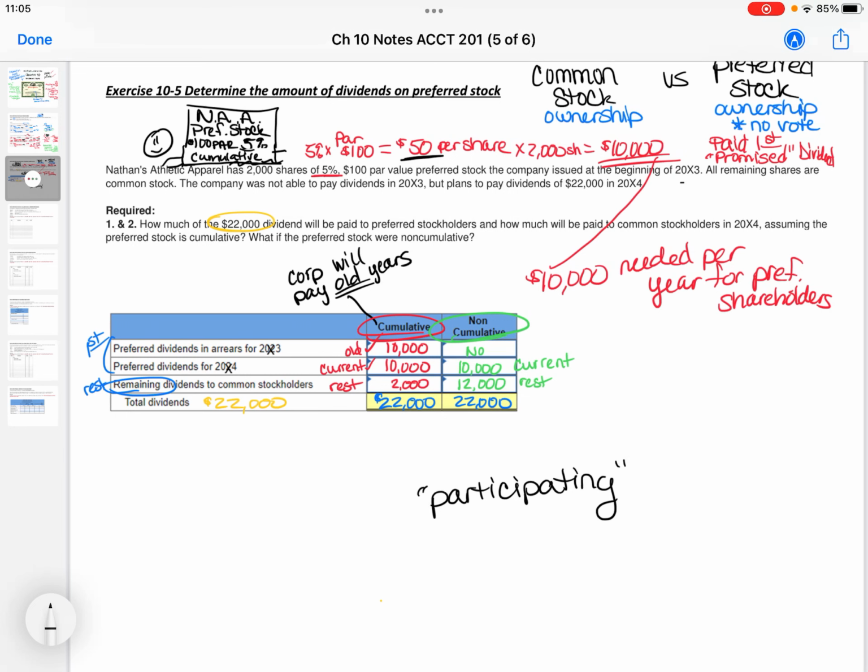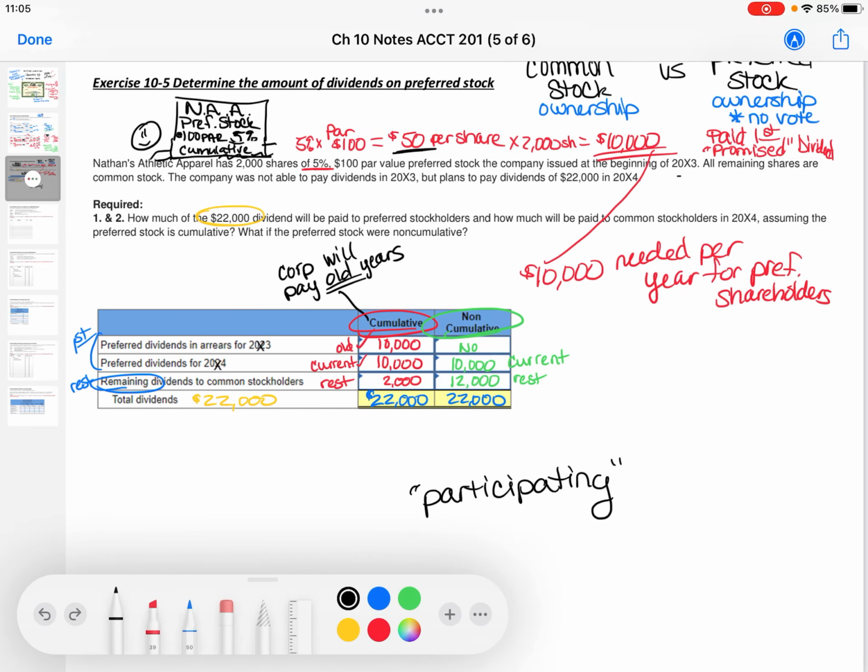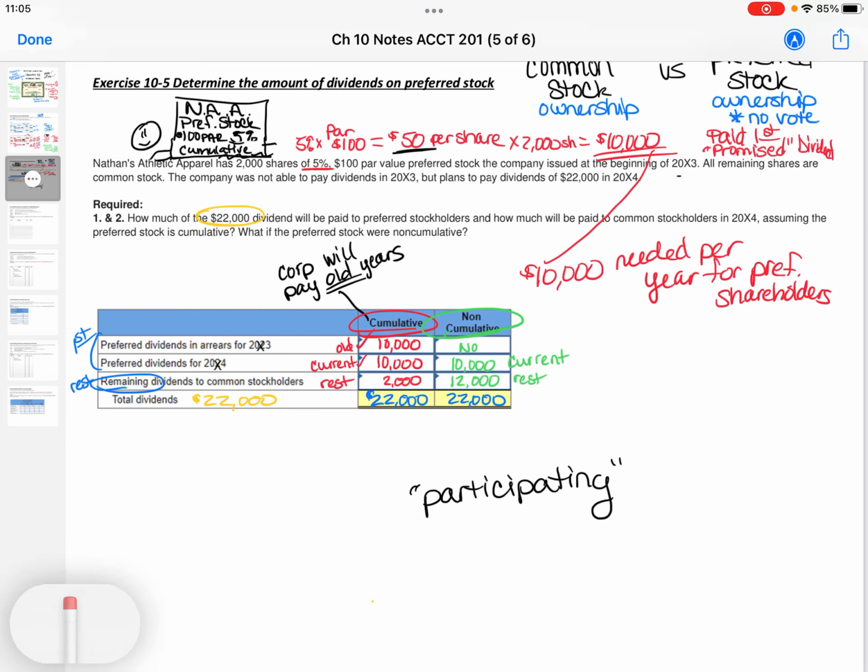That means that the preferred shareholders get to participate in the rest. So they would get to share in that $12,000 or the $2,000 over here. In this example, it's not participating, so I don't want to confuse you there, but if they were participating, they would get to share in the rest of the amount.